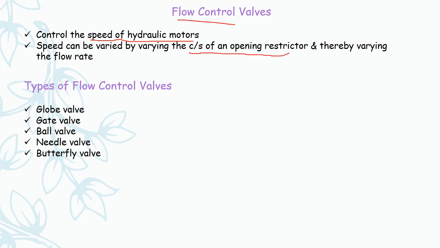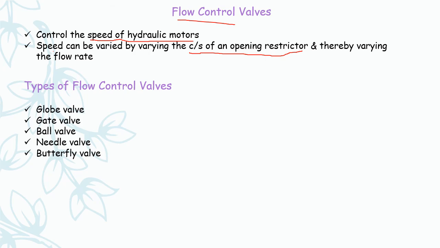That is by varying the cross section of the opening restriction used in the flow control valves, thereby varying the flow rate. So flow control valves are mainly used to control the speed as well as the flow rate of the hydraulic fluid in the hydraulic system.